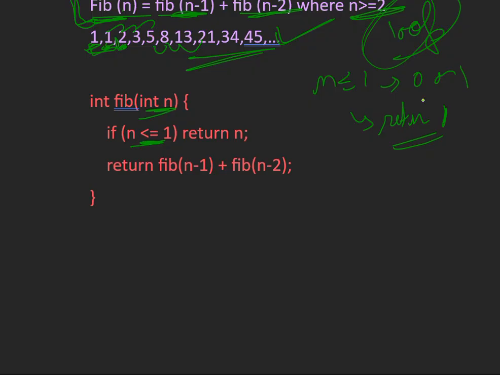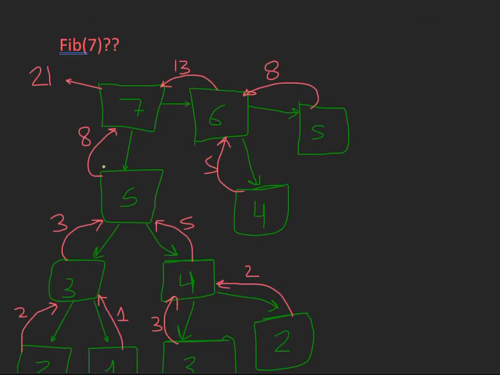Else we call Fibonacci of n minus 1 plus Fibonacci of n minus 2. This is what we have taken in the formula. Fibonacci of n is equal to the sum of these, so we are calling those directly. See how small the code is. But if you see the execution of this, it's a little bit complex.